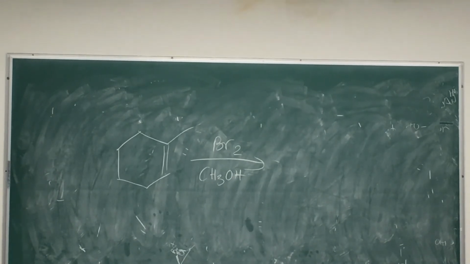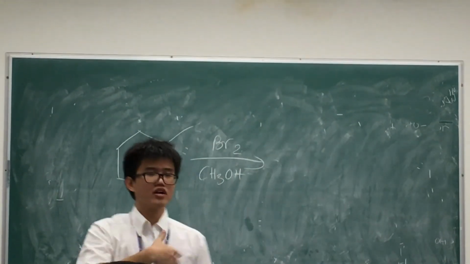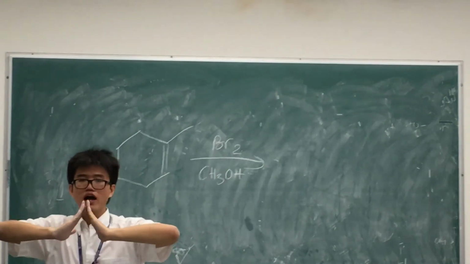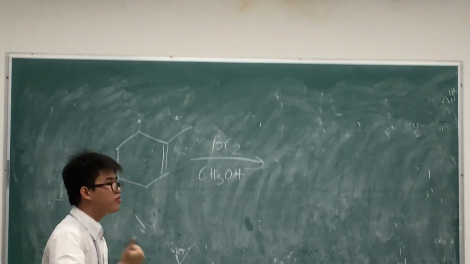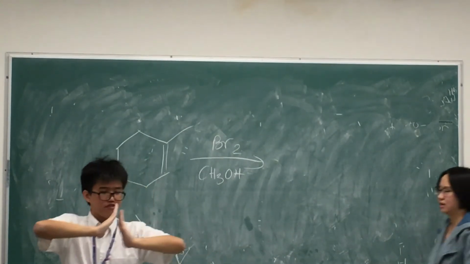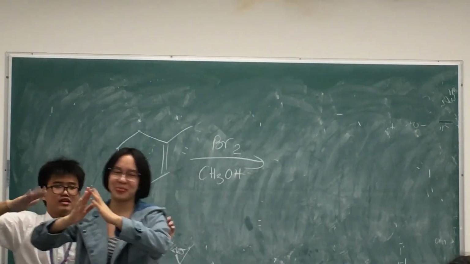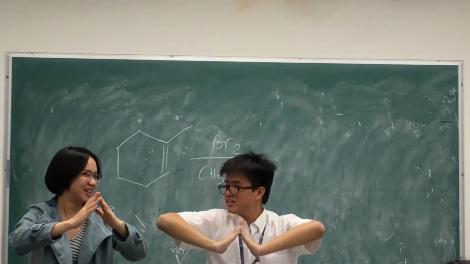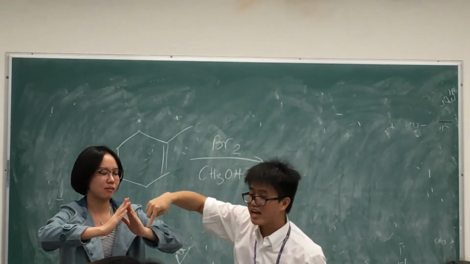Okay, we need to do a small exercise to make sure everyone understands it. So now this is an alkene and forms a bromonium ion. I just want to explain for anyone still confused. I am an ion and I can attack here.